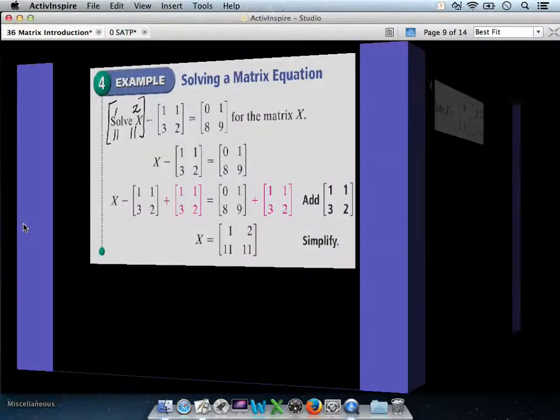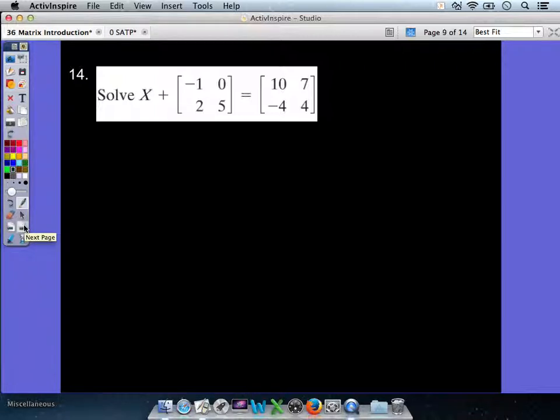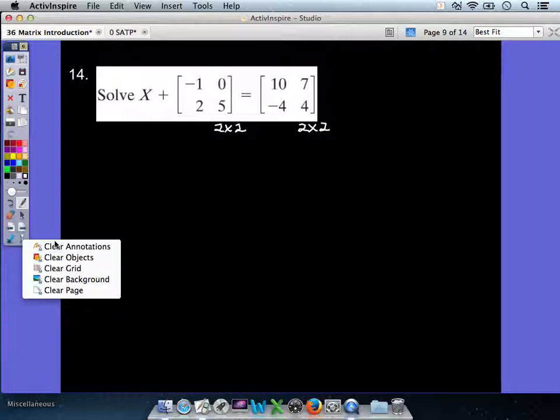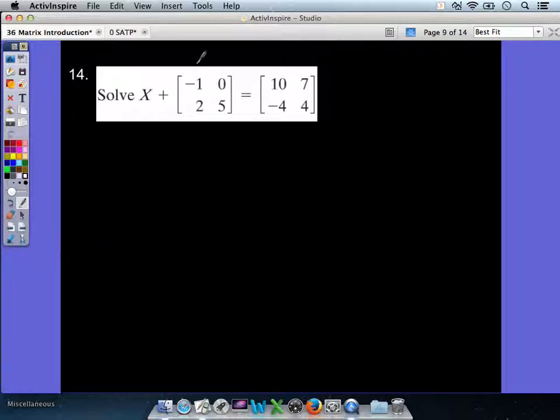Let's do a couple of our own. Here I have some matrix added to this 2 by 2 is equal to this other 2 by 2. All of these are going to be the same size. But remember, if we go old school, which I think is easier, if you're adding on the left, you're going to come over here and subtract on the right. So I'm going to subtract negative 1, 0, 2, 5.